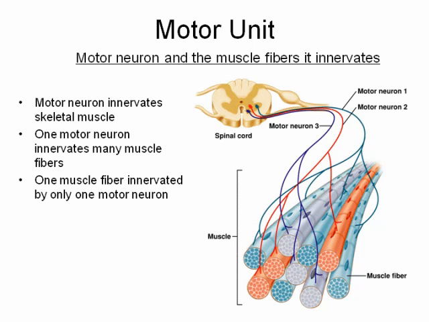So in this case, motor neuron 2 in red sends its axon out through here, and it terminates in 3 of these muscle cells or muscle fibers. This one, and this one.